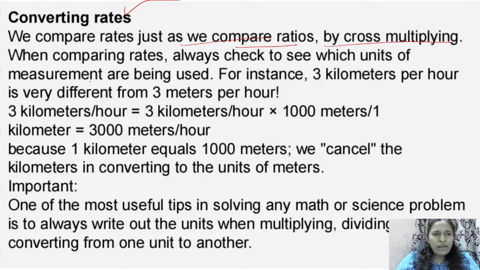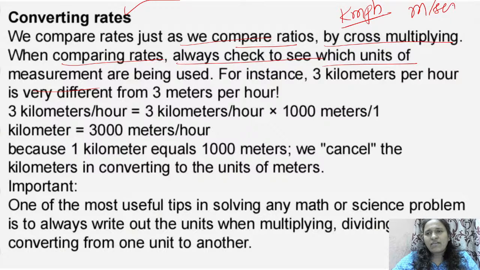By cross multiplying. When comparing rates, always check which unit of measurement is used. When comparing these rates, we have to check the units. Suppose one is in kilometers per hour and one is in meters per second, we have to convert either this into meters per second or that into kilometers per hour.